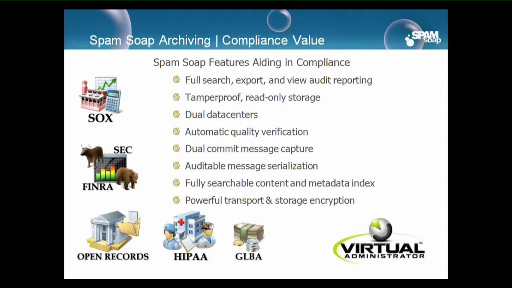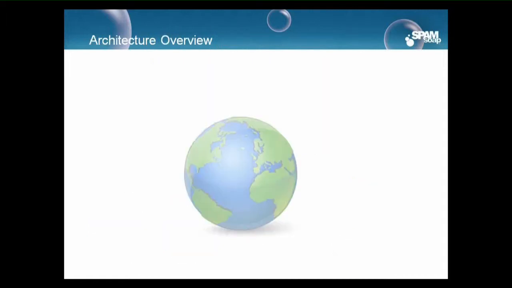Again, tamper-proof, dual data center in the U.S. You also have access to global data centers as well. So if you have a customer in the UK or in Tokyo or Hong Kong or Australia, and they need to archive on their side, you certainly can point them to the appropriate data center so that the archive is local for them. And then all routing can also be controlled regionally for email filtering.